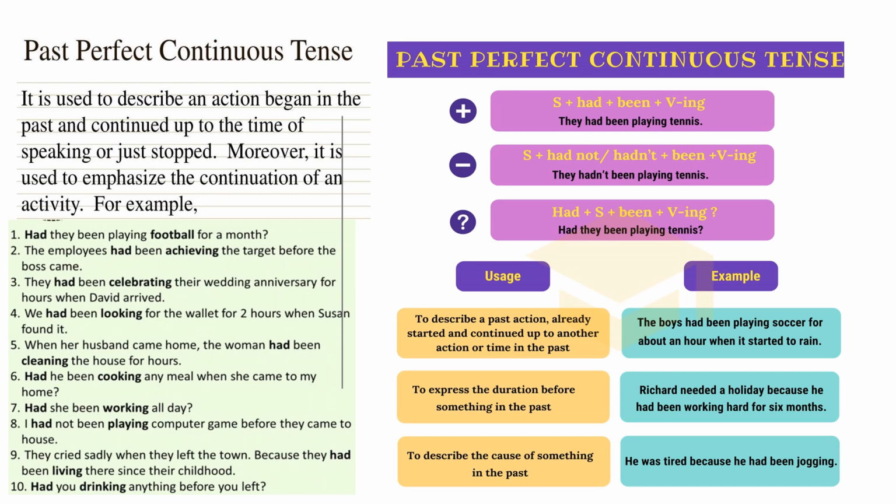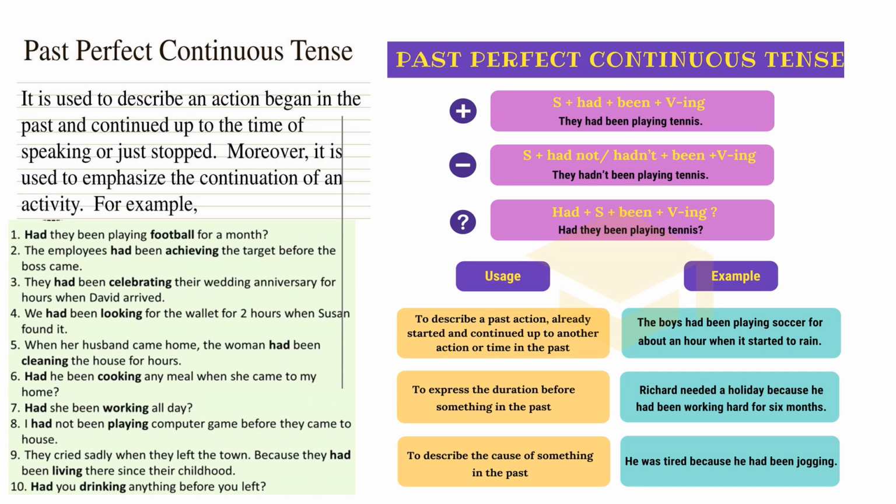Now, in each of these sentences, you will find that an action had begun in the past, which means it had already been done in the past and continued up to the time we are speaking.